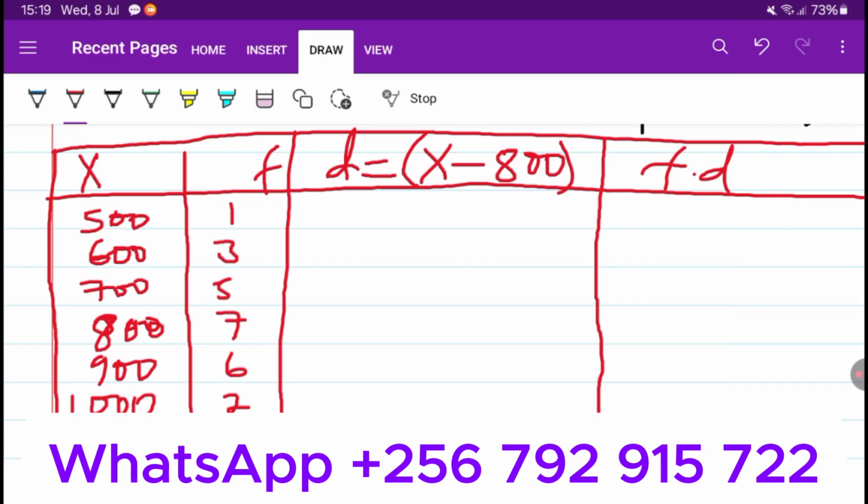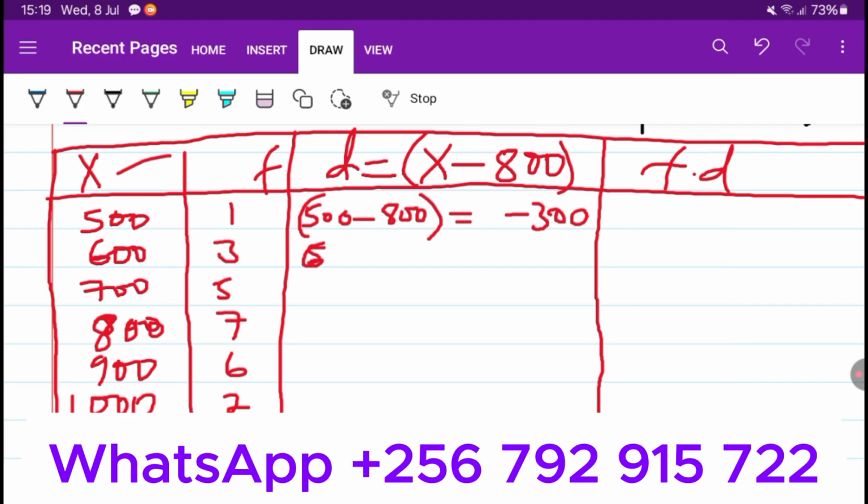So we are going to get the d. Our d value is going to be the 500 minus 800. That will give you negative 300. Then we get now this x. It was x minus d, which is 800. Now we are going to 600.